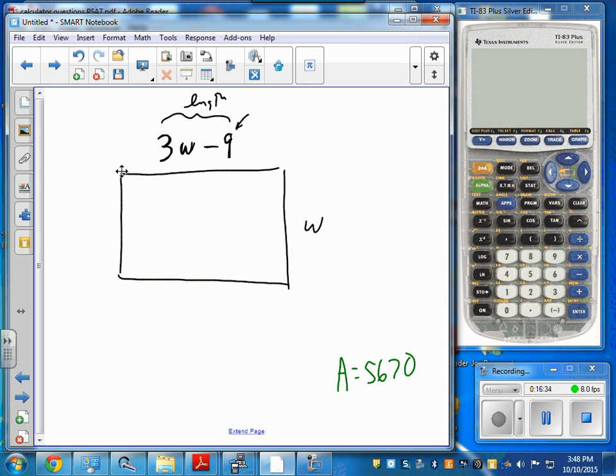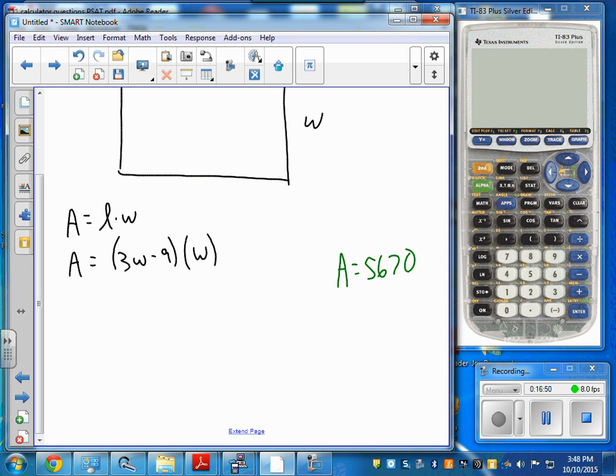Well, this is a system of equations. Maybe you saw this in Algebra 1. Certainly in Algebra 2. The area of a rectangle is always length times width, and so the area of our garden is going to be (3w minus 9) times w, and that works out fairly nicely as 3w squared minus 9w. That's our area, but they told us how much it was.